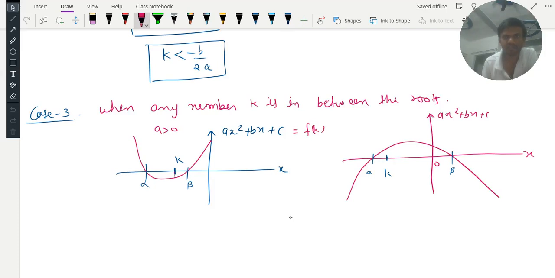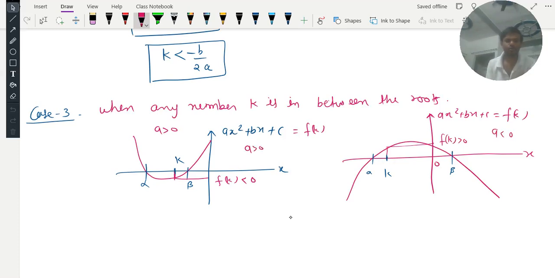So if we are finding the value of f(k), this is less than or equal to 0 for a greater than 0, and the value of f(k) is greater than 0 for a less than 0.